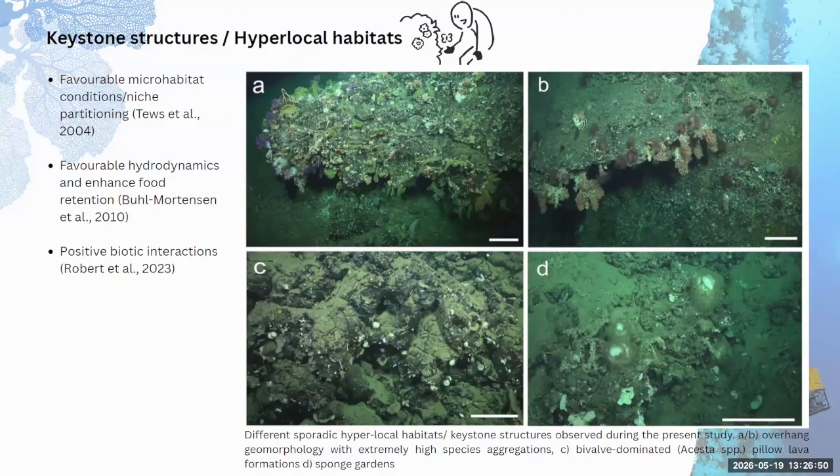So the argument here is that even within these vertical wall systems, there can be favorable microhabitats or niche partitioning that give rise to high densities of species, as well as hydrodynamic conditions that enhance food retention. So these can be the factors that give rise to these kinds of species associations.